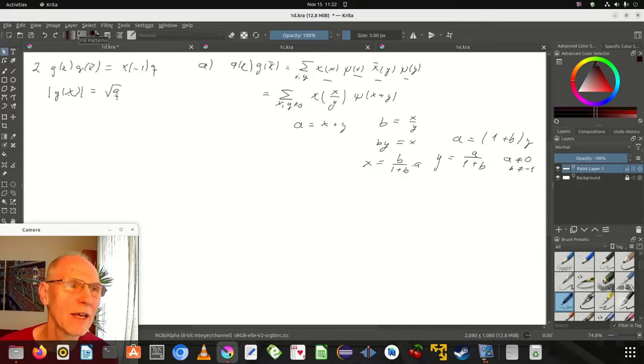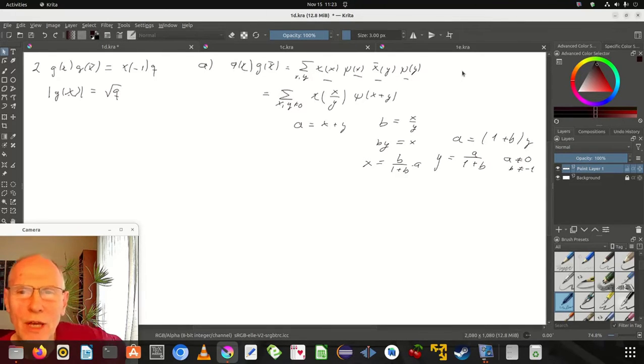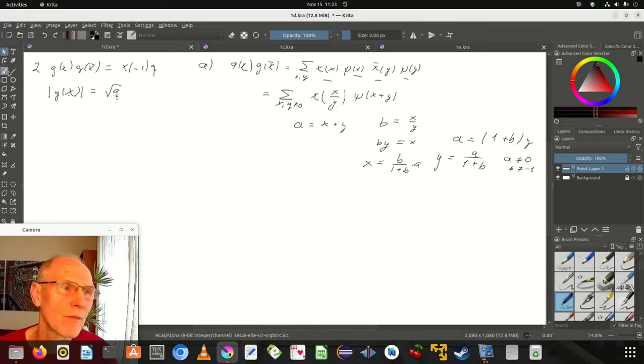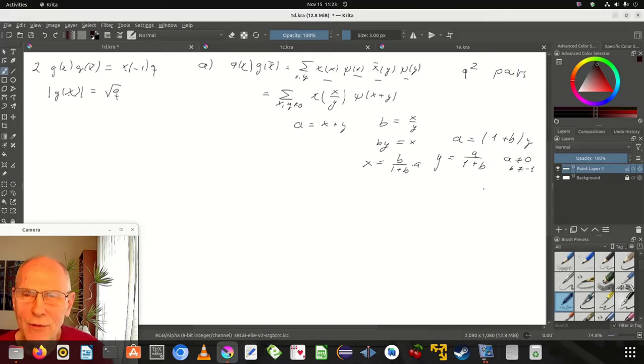What I don't like here is that these x and y, where we sum over F_q, that means we have q squared pairs. And down here we have q minus 1 squared values.